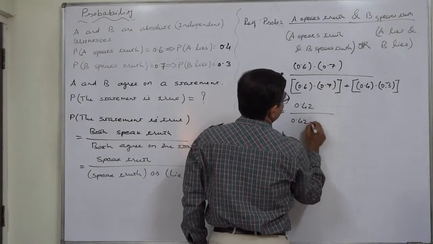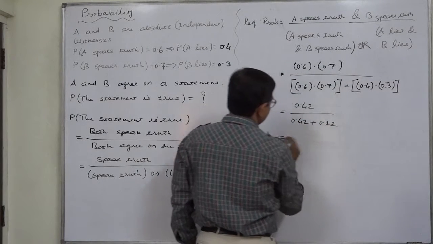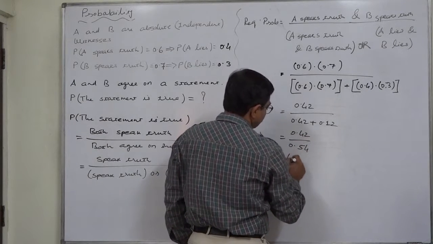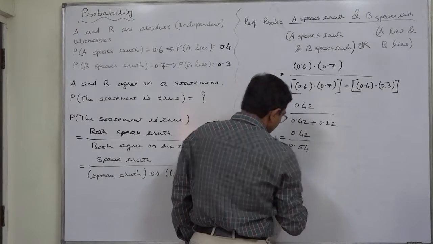Upon 0.42 plus 0.12. So it is 0.42 by 0.54, or more precisely 42 by 54.